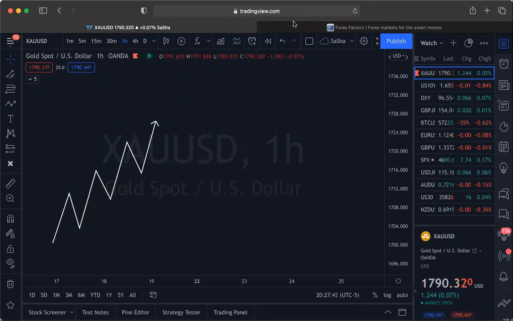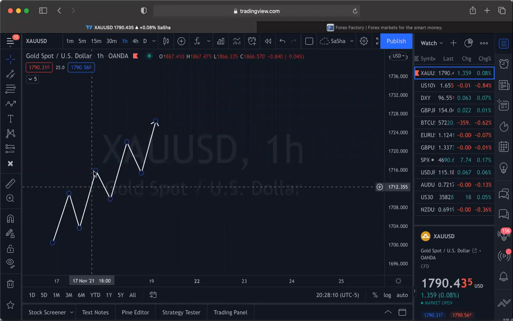After this leg up, we get some retracement, and this retracement did not break the structure of the previous leg, okay? That's when I say that this was not the break-off structure.